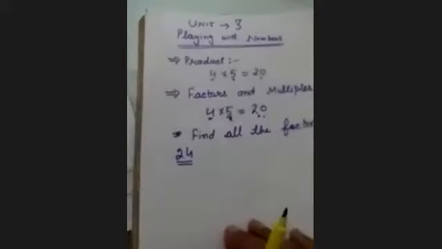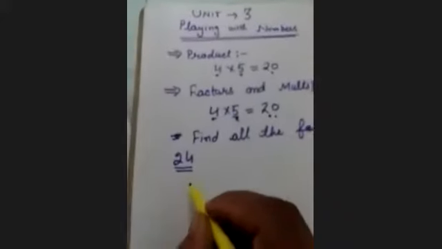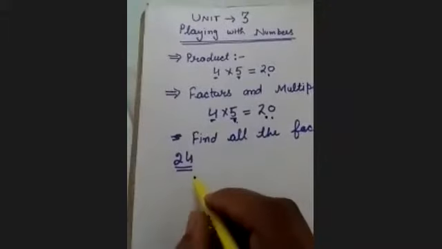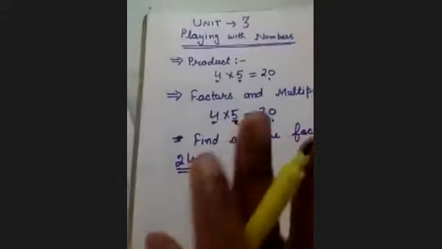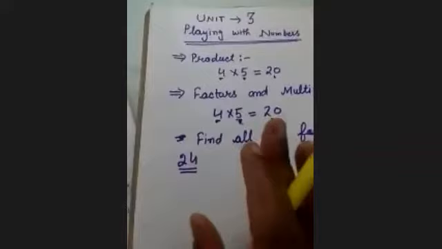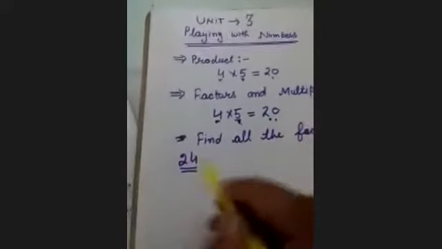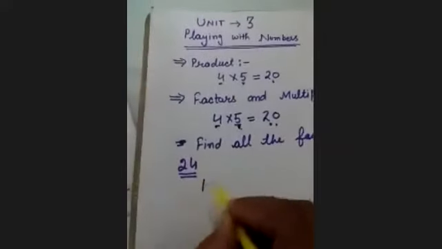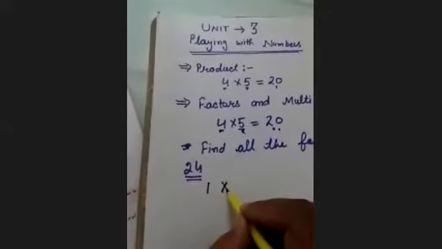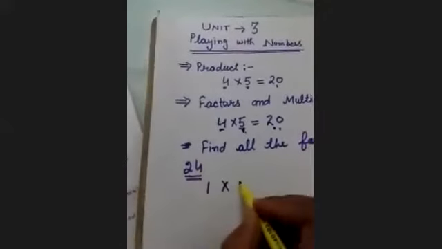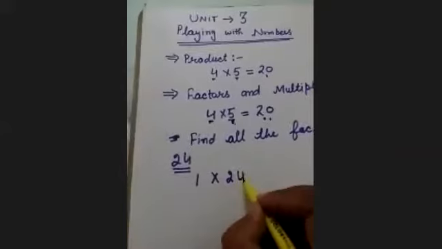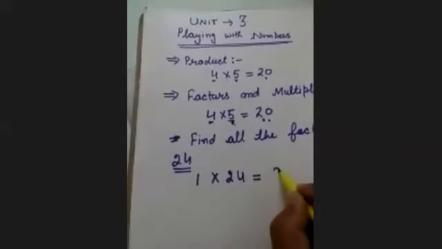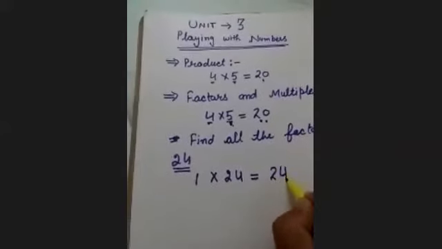So, students, first point is, the first factor of every number is 1. 1 is a factor of every number. So the first factor is 1. Multiply by the number as it is: 1 times 24 is equal to 24.